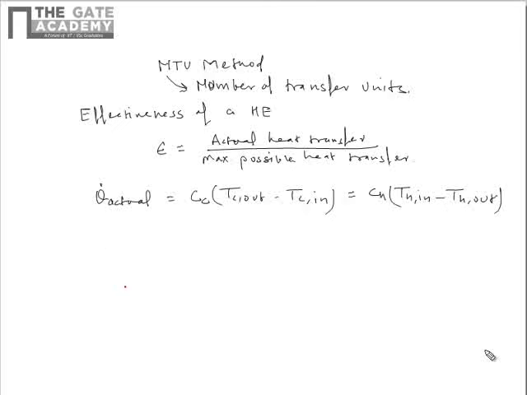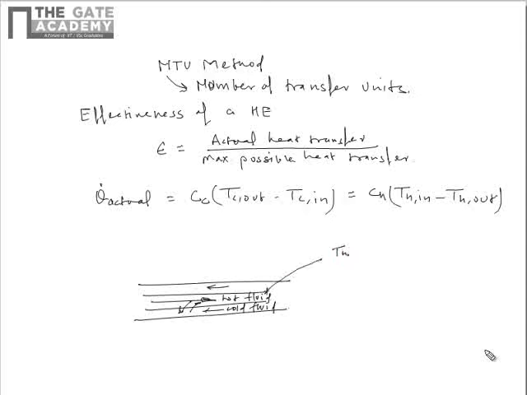Now consider we have two fluids. Let us say hot fluid is flowing through this tube and cold fluid is flowing through the annular area, and heat transfer is from hot fluid to cold fluid. Hot fluid's initial temperature is Th in and cold fluid's initial temperature is Tc in.